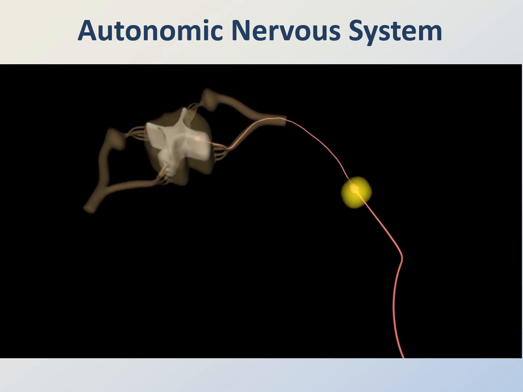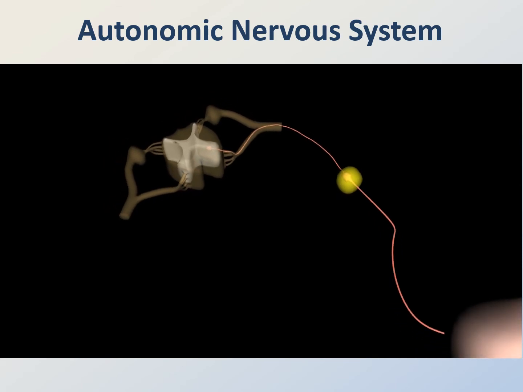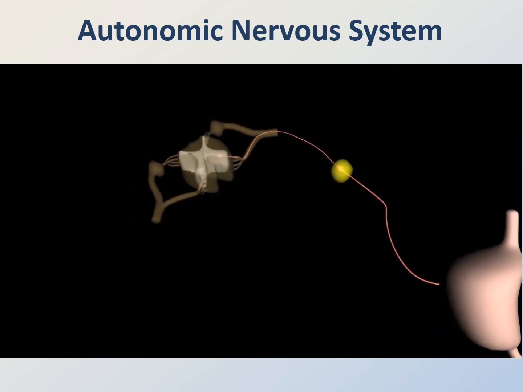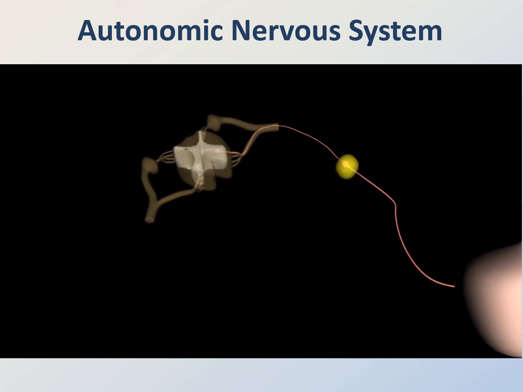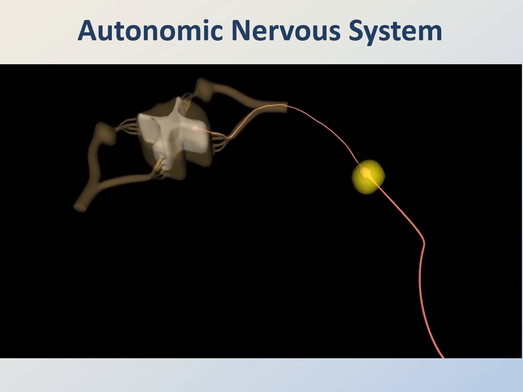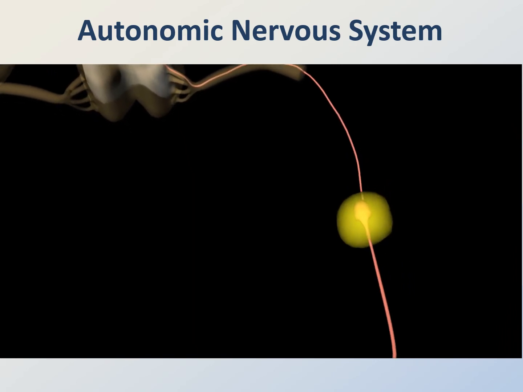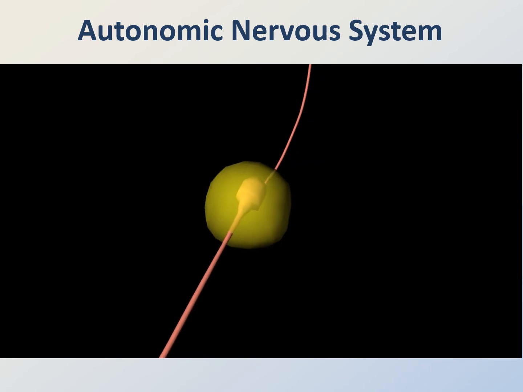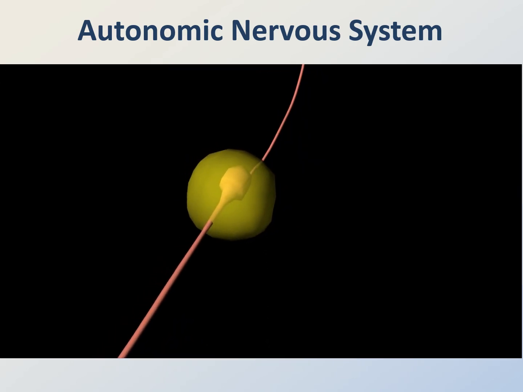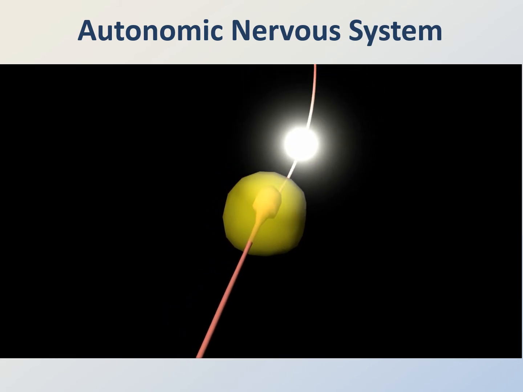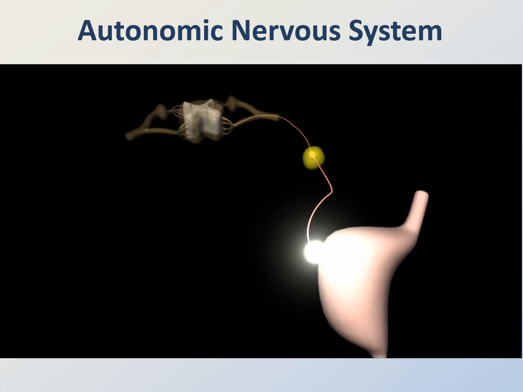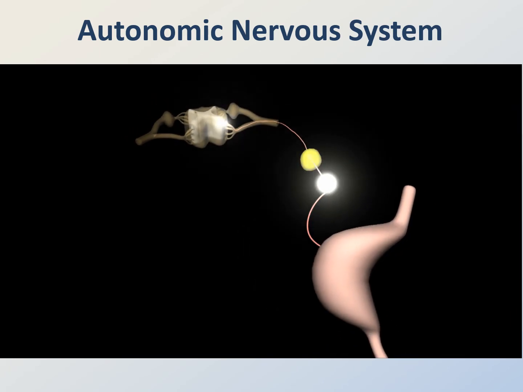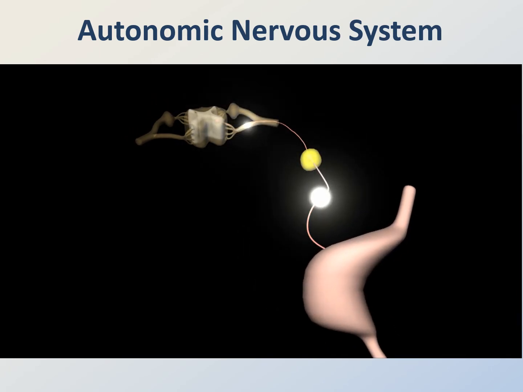The axon of this neuron leaves the central nervous system through the ventral root of a spinal nerve or from a cranial nerve and synapses with another neuron, the second motor neuron. The body of the second motor neuron, also called the postganglionic neuron, is located in an autonomic ganglion outside the central nervous system, and its axon synapses with the effector organ or muscle.